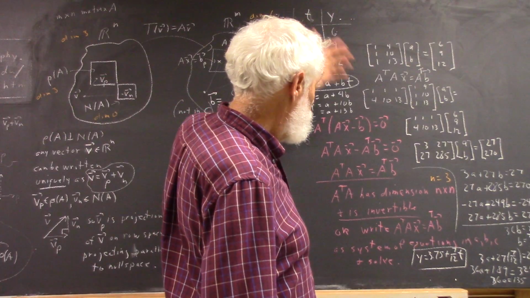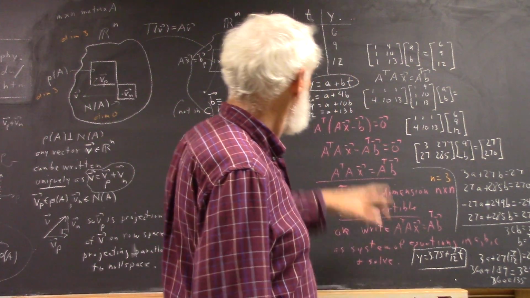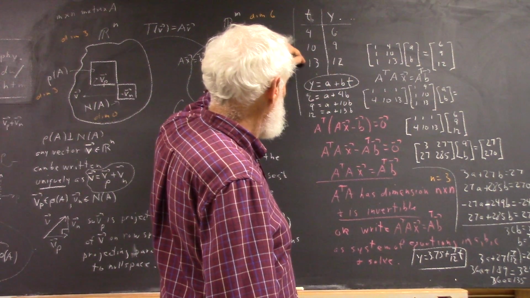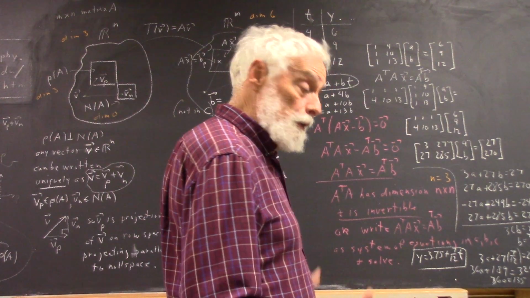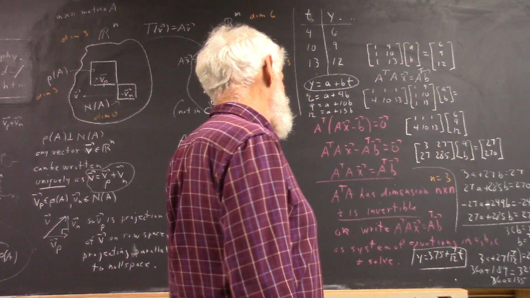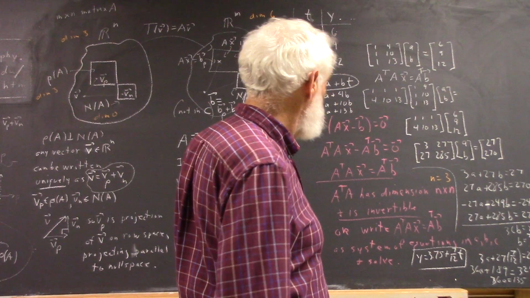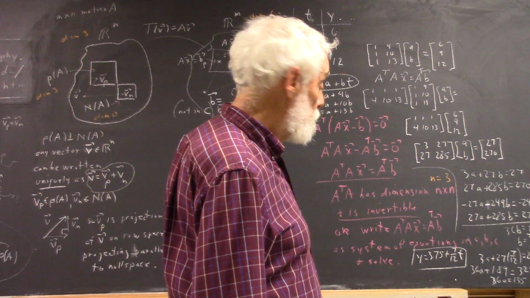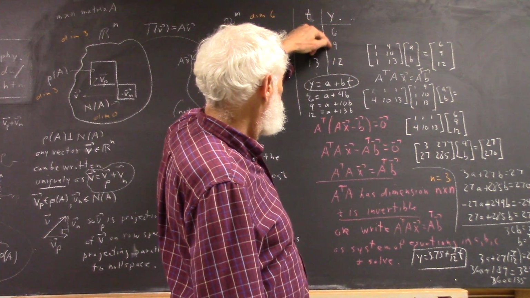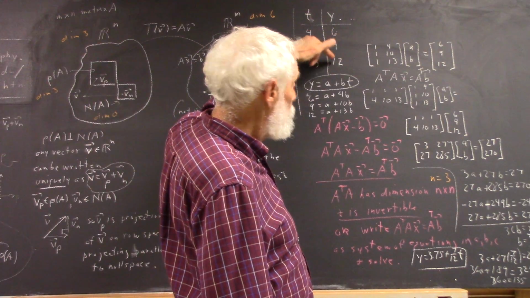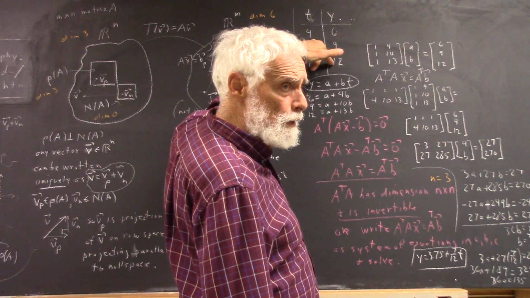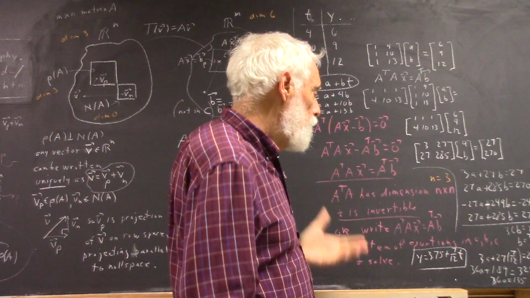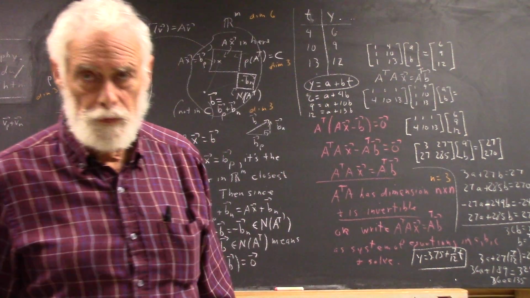So you could plot those points and see if that seems to fit. You could plug t equals 4, 10, and 13 into this and find how close that brings you to the observed y values, and this could well be your best fit straight line.